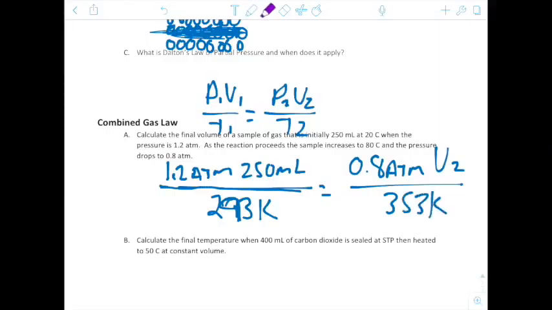Now what we will do is crisscross, so multiply those together, multiply those together.